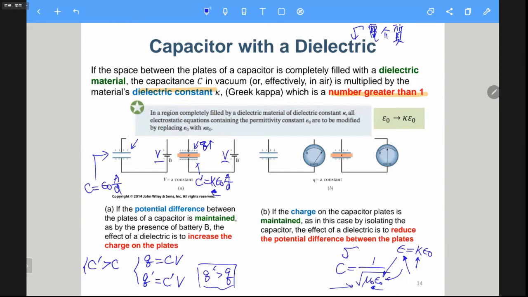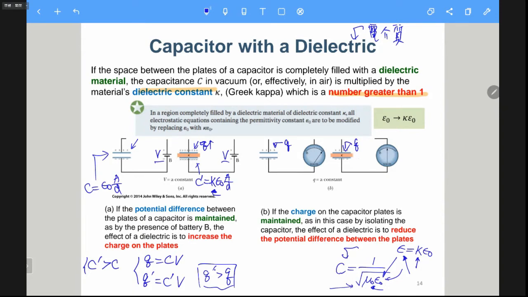Okay, so another case is that if we put some charge on the capacitor and try to measure the voltage difference, which means that for this case Q remains the same. We insert the dielectric between the capacitor, and we find that the potential difference between the parallel plates decreases.